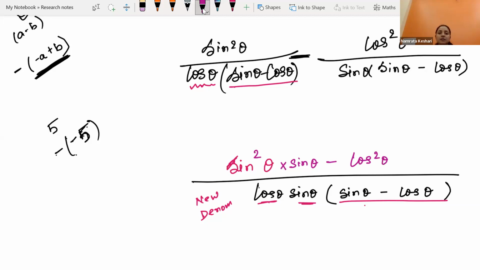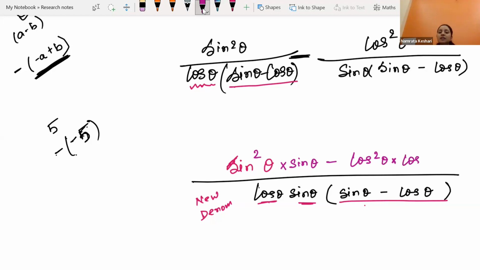I have copy pasted it. Ma'am, into sin. It will be into cos theta. Yes, Harshit, can you please repeat? Ma'am, into sin theta. Ma'am, into cos theta. Yes, it will be cos theta just.